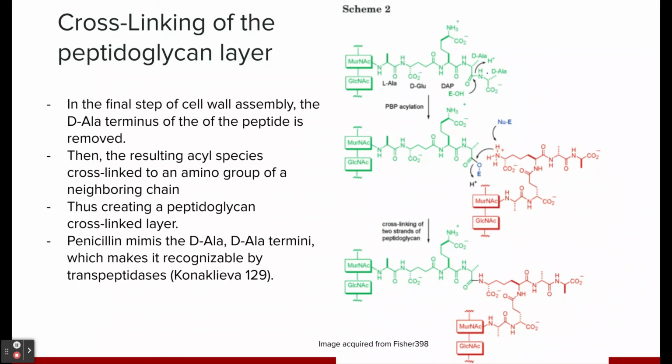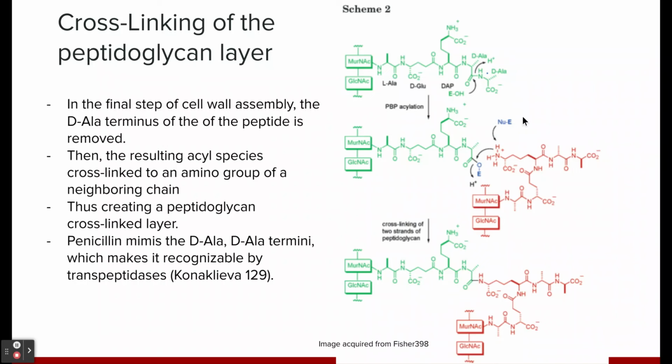Okay, so let's take a look at this image from Fisher. I want to look closely at this position because this is exceptionally similar to penicillin. So in the last step of cell wall assembly, this D-ala terminus is removed and the resulting acyl species is cross-linked to an amino group of the neighboring chain.